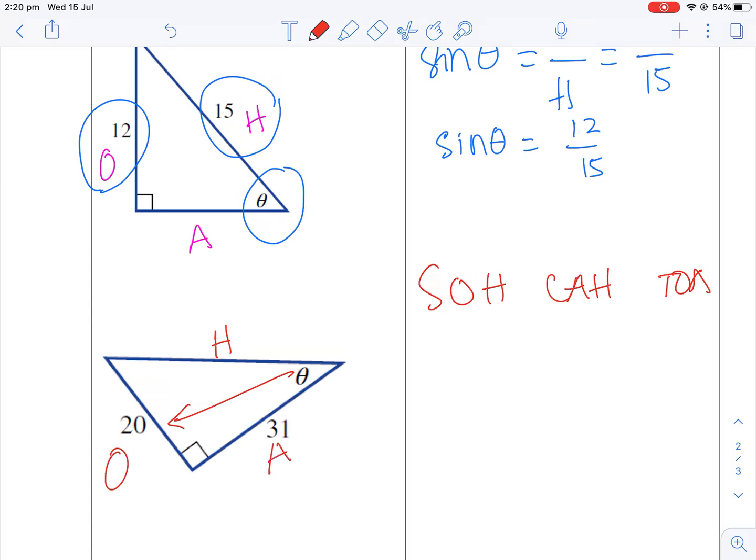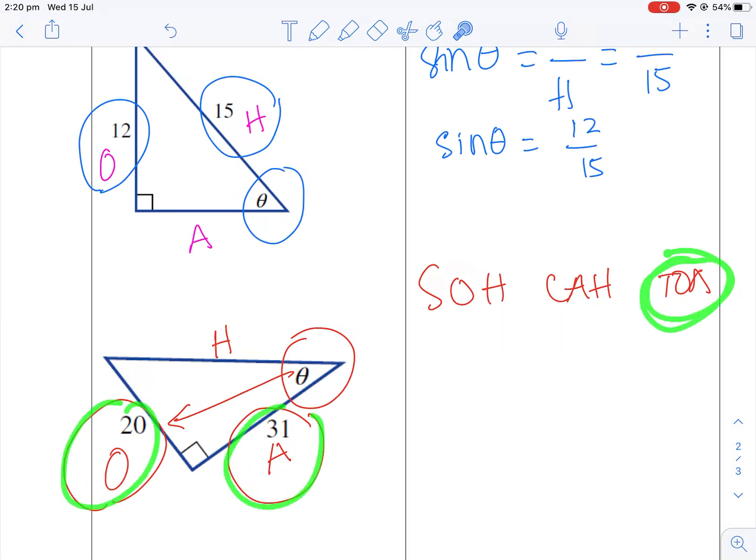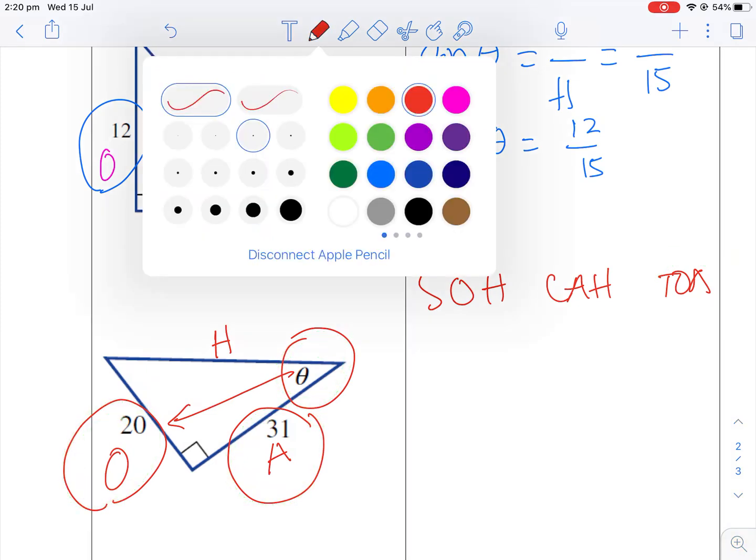And they give you the information of A, O, and this angle. So you check the trigonometric ratios: which one has O and A? This one. So it means that tan of this angle will show you the relationship between this angle and these two sides. Let's write that down to see if it's correct.